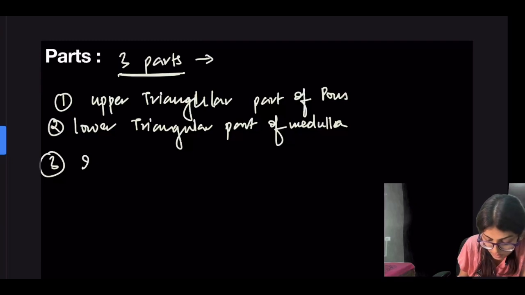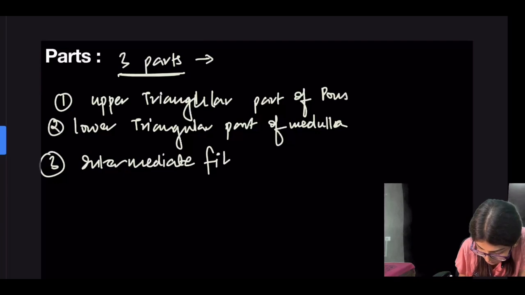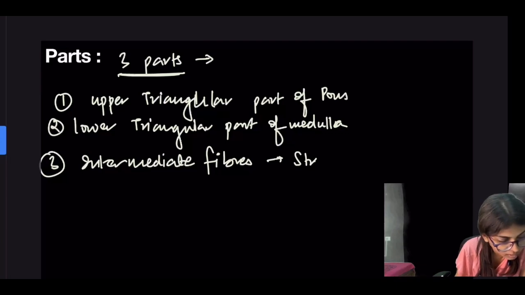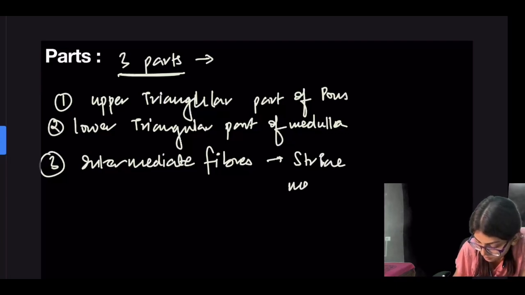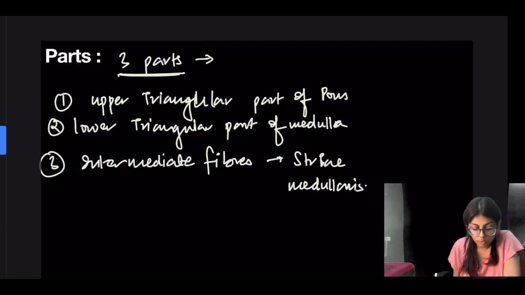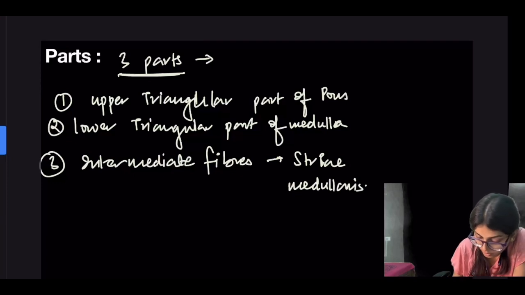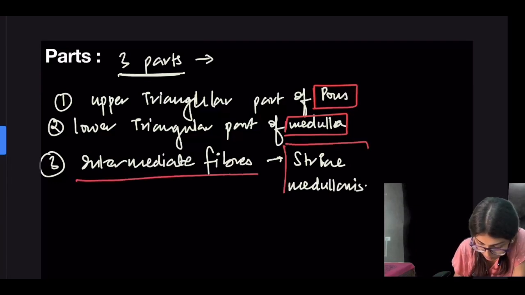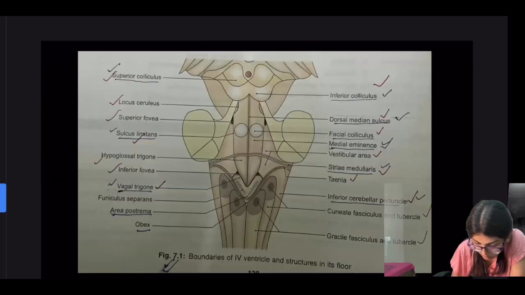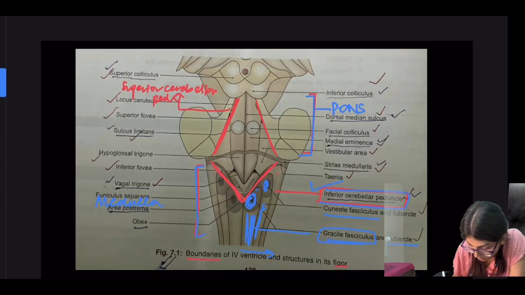And the third is the intermediate fibers called stria medullaris. So our floor mainly has three parts: the upper triangular part of the pons, the lower triangular part of the medulla, and in between these the intermediate fibers of stria medullaris. So let's discuss this in the same diagram first.